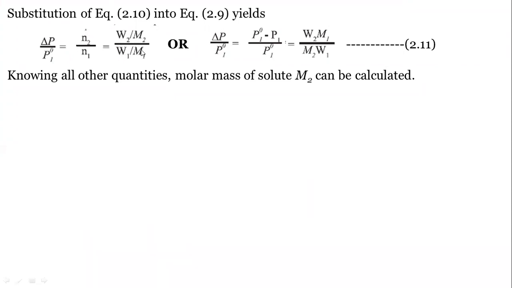By rearranging this equation, we get delta P upon P01, which is equal to this expression, P01 minus P1. This is the relative lowering of vapor pressure. Delta P upon P01 is the relative lowering of vapor pressure and is equal to W2 M1. See, W2 M1 means when this is shifted to the upper side, it will be multiplied.